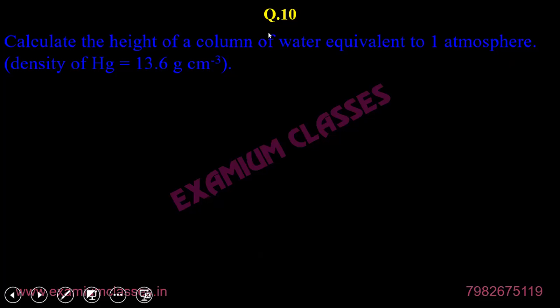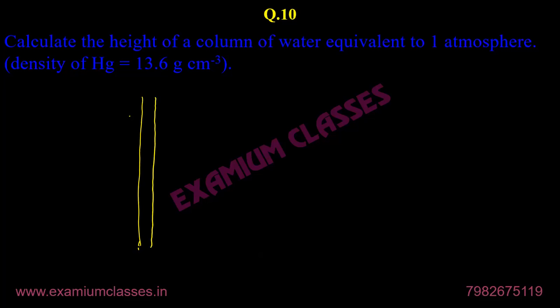Next question. Calculate the height of a column of water equivalent to 1 atmosphere. So you have a water column. Suppose this is a long tube filled with water. You need to find what will be the height of the water, which will be equal to 1 atmospheric pressure.